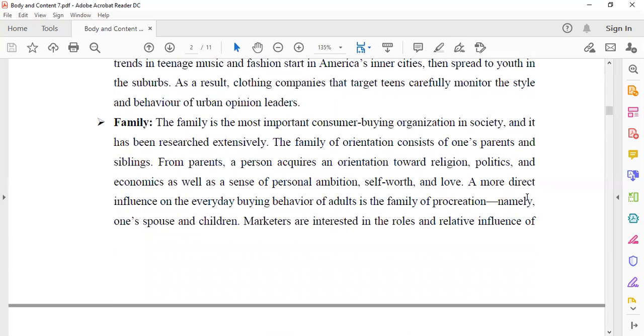Another social factor is the family. A lot of times we find ourselves growing up taking most of these attitudes, the behaviors that our families have.